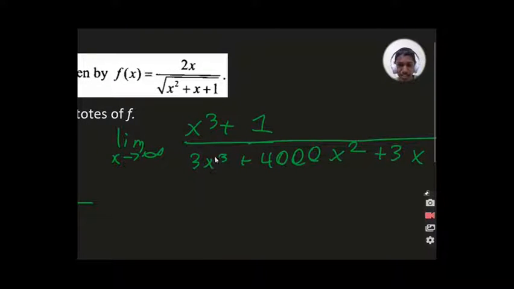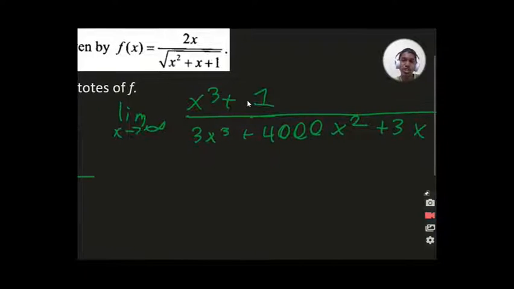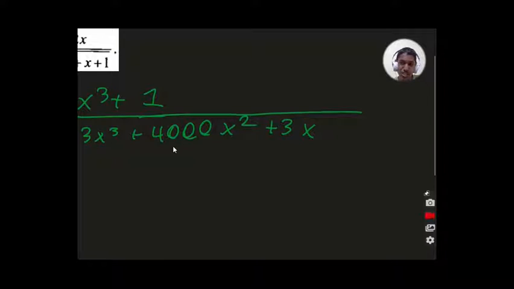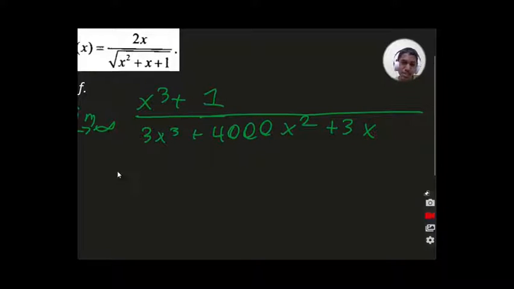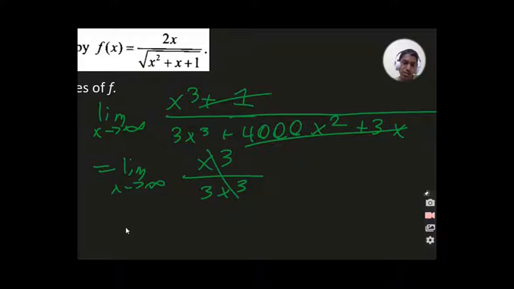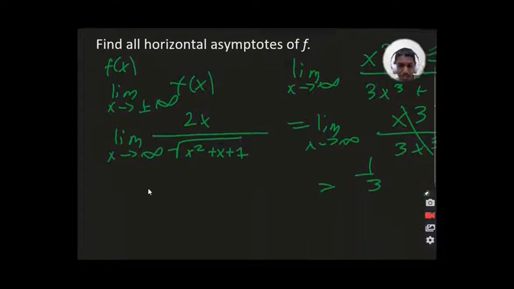If you were to take this limit at infinity, anything that's not the biggest term in the polynomial is just not going to matter. This might be called the dominant term. Basically you can get rid of these and say it's the same as this, and then you conclude 1/3. Those cancel out.